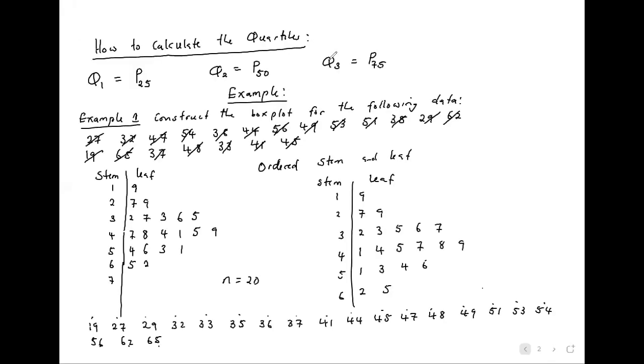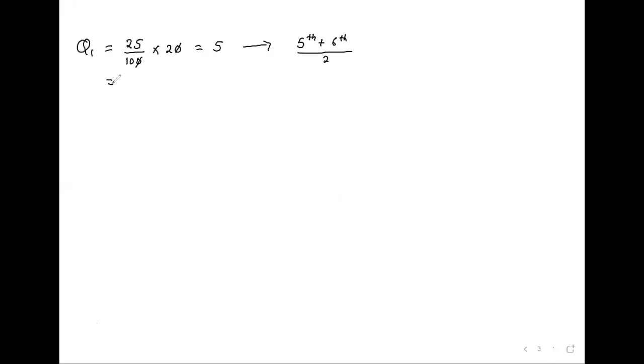The 5th, 1, 2, 3, 4, 5, 6. So add 33 plus 35. So Q1 is 33 plus 35 over 2, which is equal to 34, because that is 68, and then you divide by 2, you get 34.